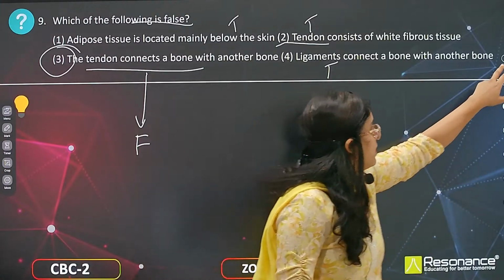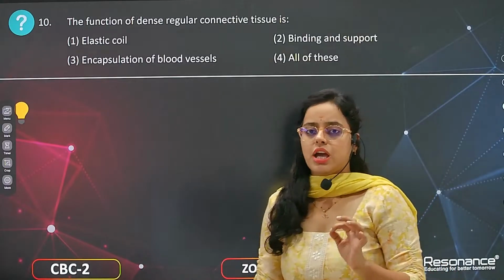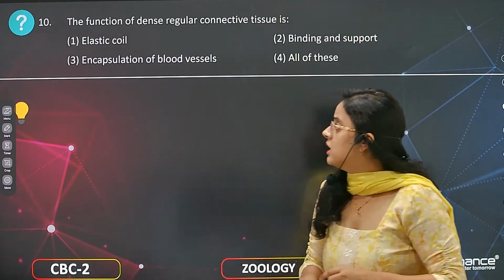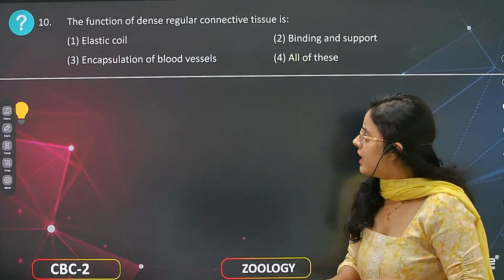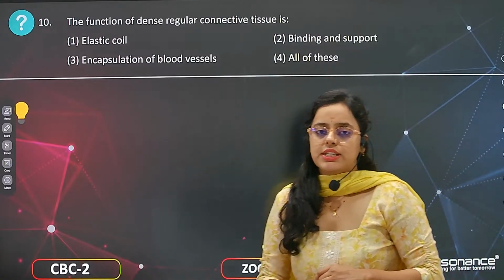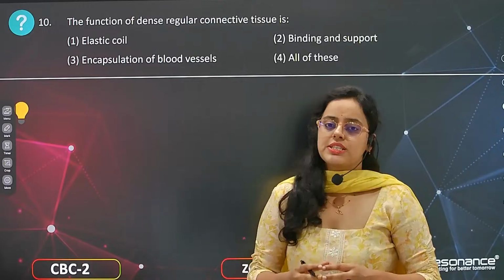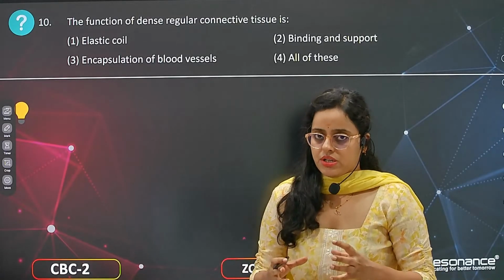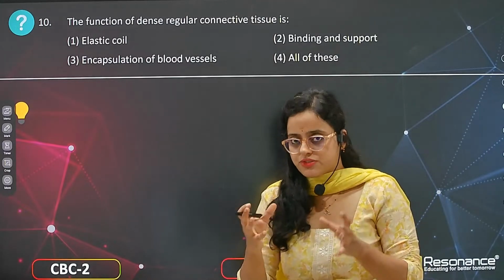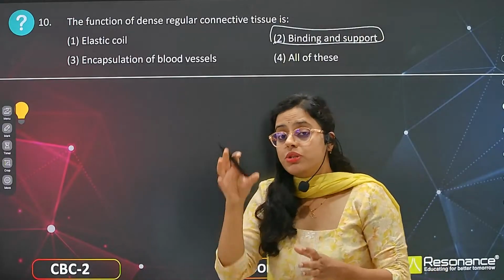Now coming to the next question. The function of dense regular connective tissue is, yes, elastic coil, encapsulation of blood vessels, binding and supporting, all of these. The main function of dense regular tissue is binding and support. They form a connecting network between different organs or structures, and they keep them in their position.